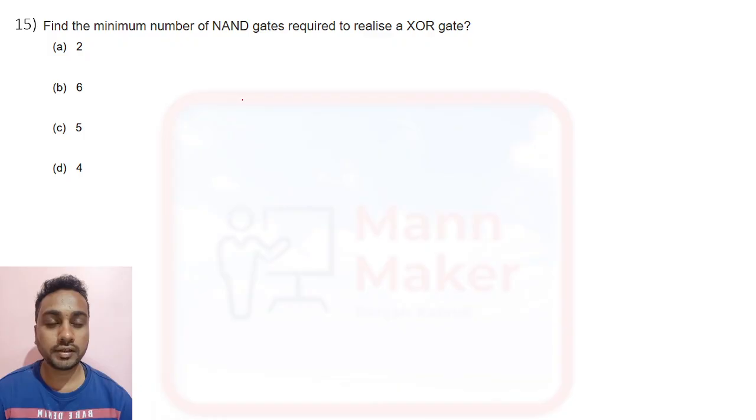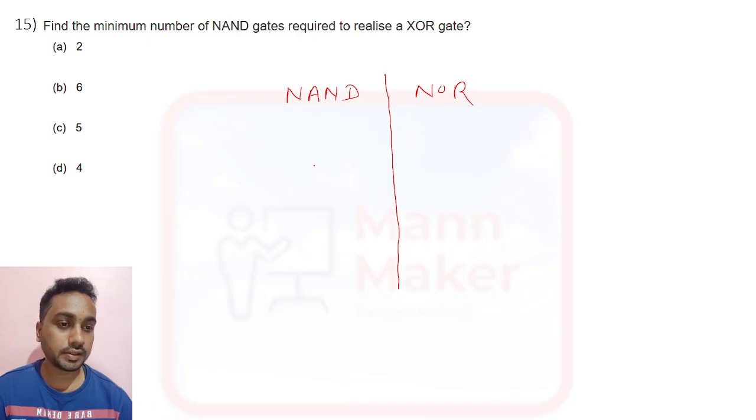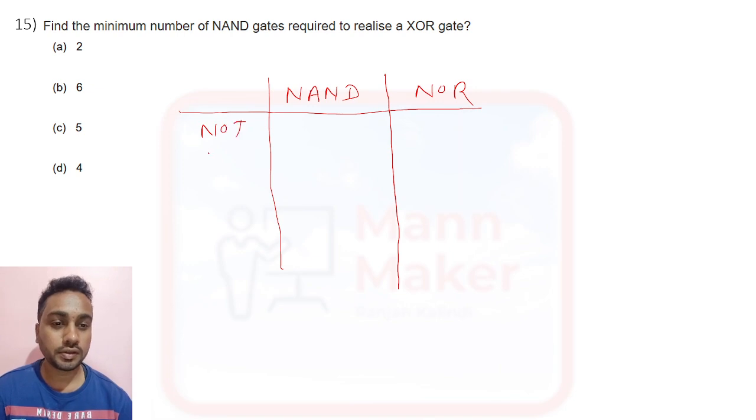Okay, so I will teach you one thing, one table. Just remember this table. This is NAND, and this is NOR. Okay, just remember this table, it will help you for every exam. This is NOT, then AND, this is OR, XOR, and XNOR.